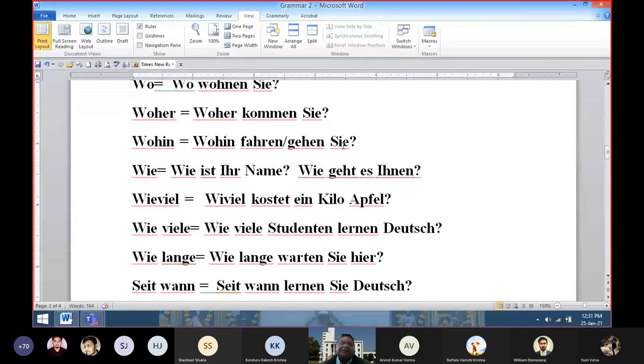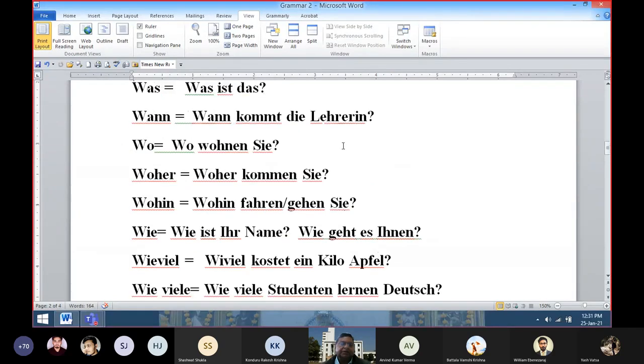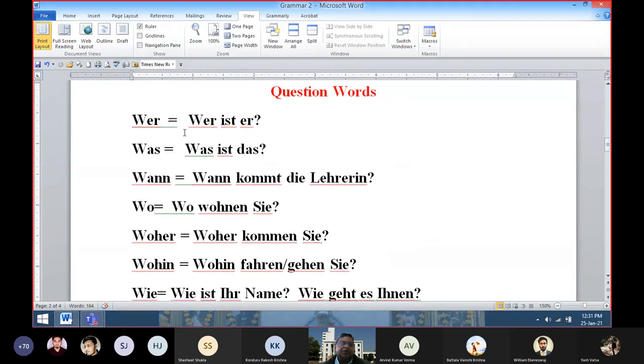So "Wohin fahren Sie?" or "Wohin gehen Sie?" means where are you going? Yes, you are correct. I am giving all this very formal conversation, but definitely you can use the du form, and then accordingly the verb will change. Like for example, "Wo wohnen Sie?"